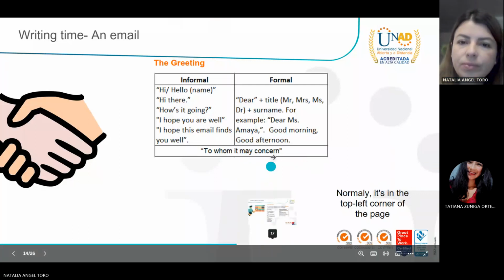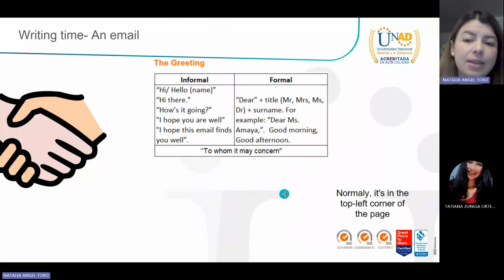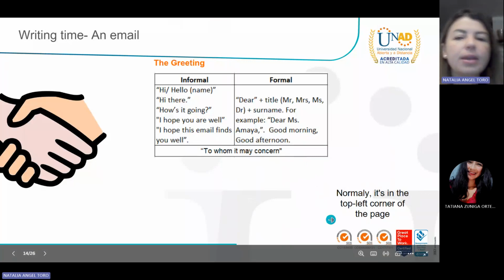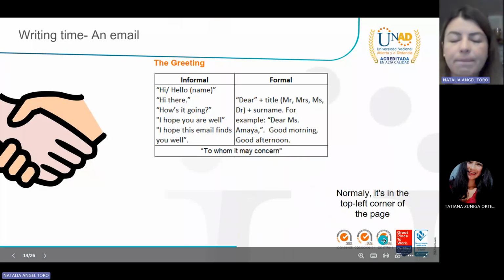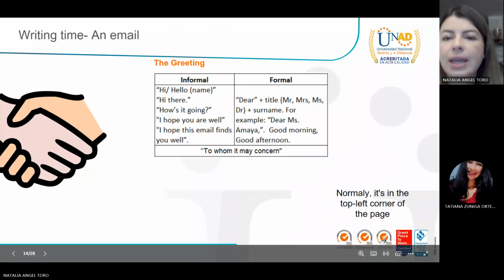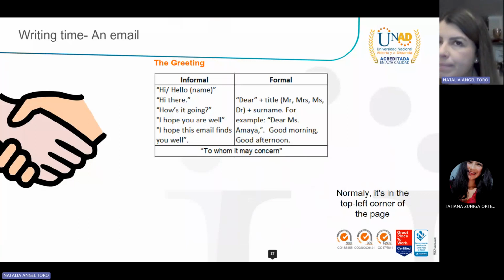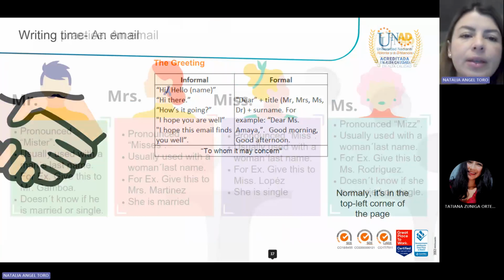So, a common mistake committed by people is using the titles in the formal way. Entonces, un error muy común que vemos es el uso de estos títulos que anteceden el apellido cuando estamos hablando en un tono más formal.